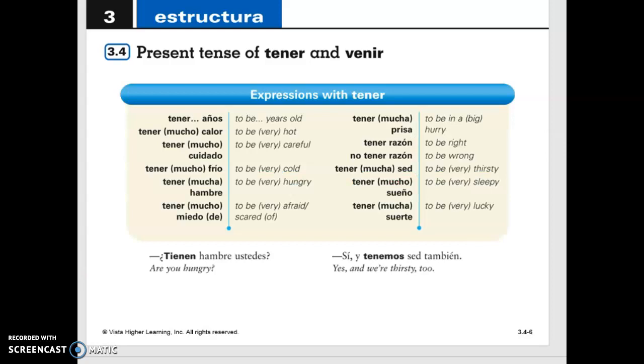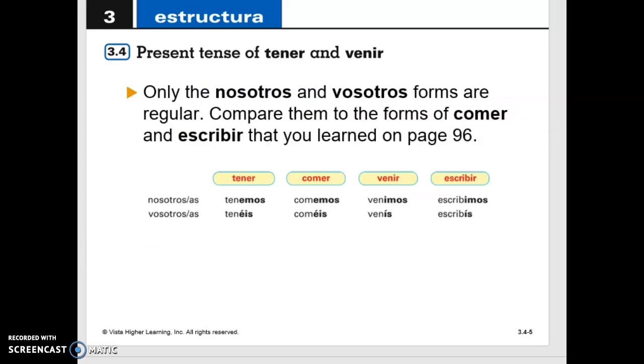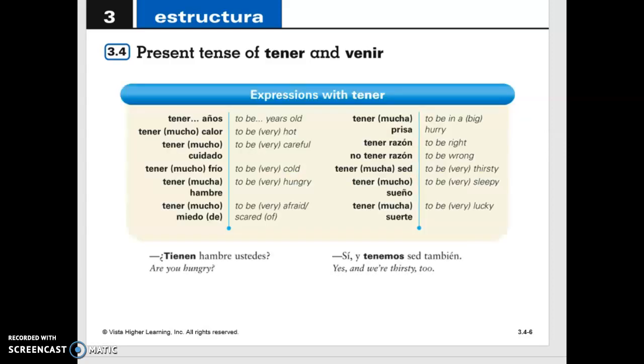Now, why is it particularly important that we talk about tener? Because tener means to have, and that is a very common verb, just in general. But as well, we use that verb to talk about several expressions, okay? So in English, you say, I am 10 years old, but in Spanish, we're going to say, I have 10 years, okay? So I know that's going to be very different from what you know in your language, in English.